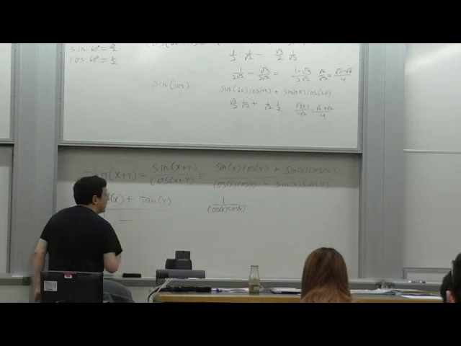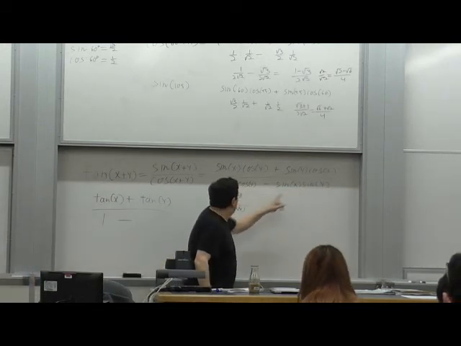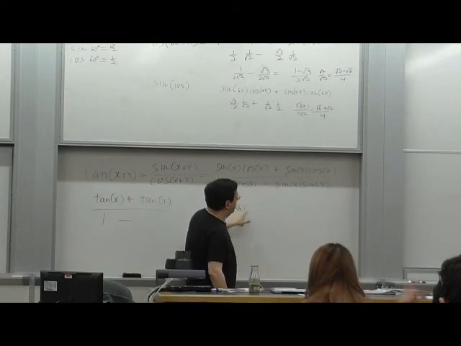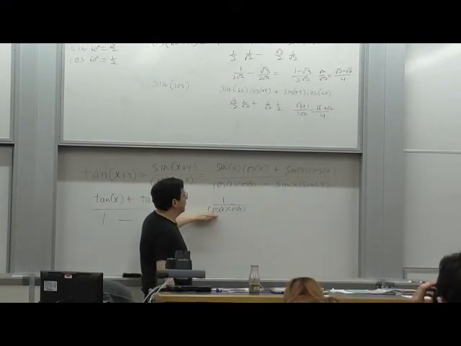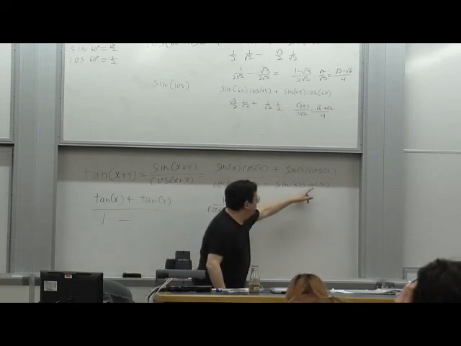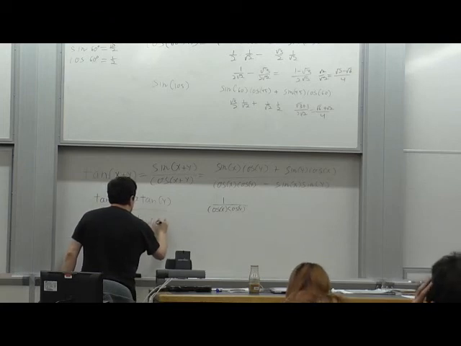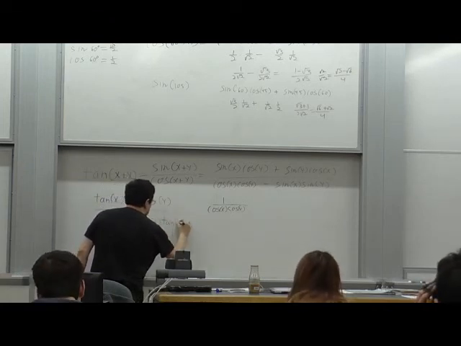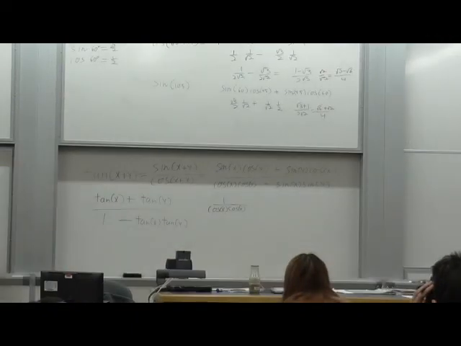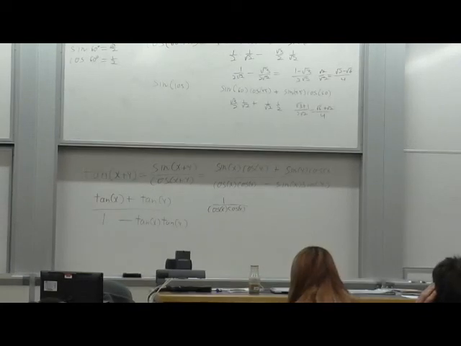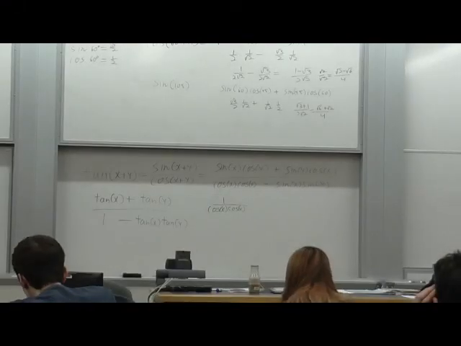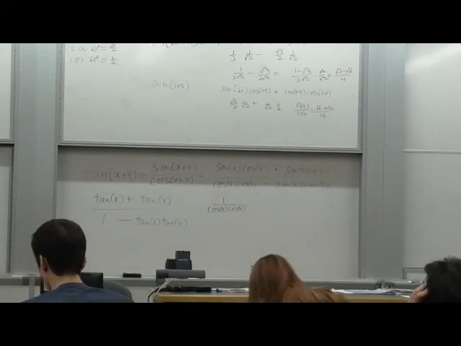And the minus sine x sine y over cosine x cosine y, or sine x over cosine x, tangent x, sine y over cosine y, tangent y. Okay, so we have a nice formula for the sum of the tangents now. These are really beautifully simple formulas when you think about it.